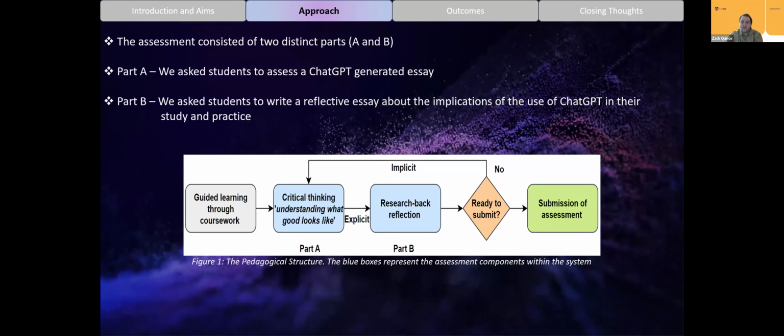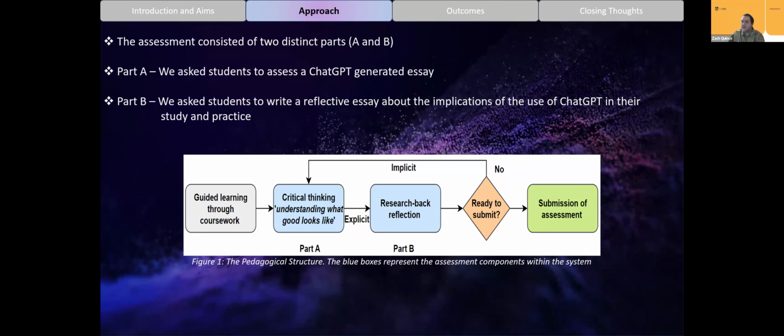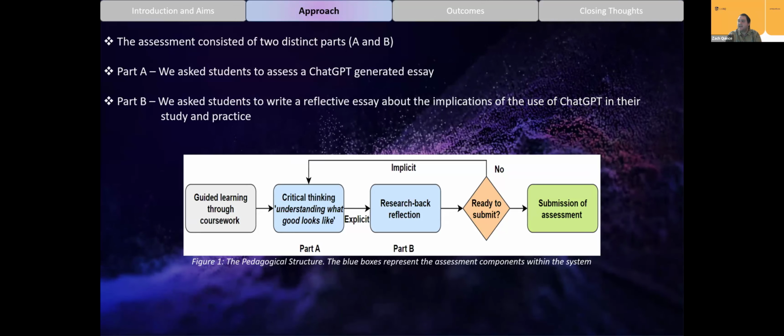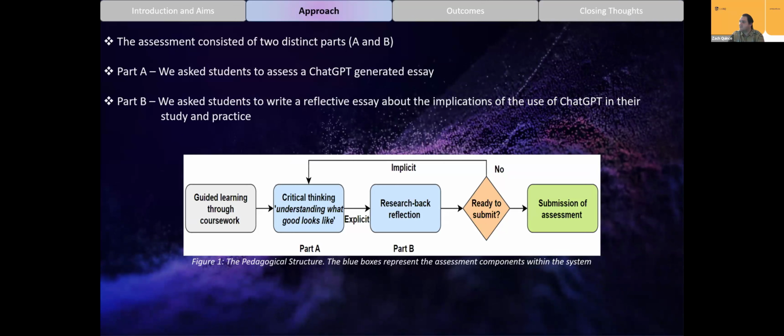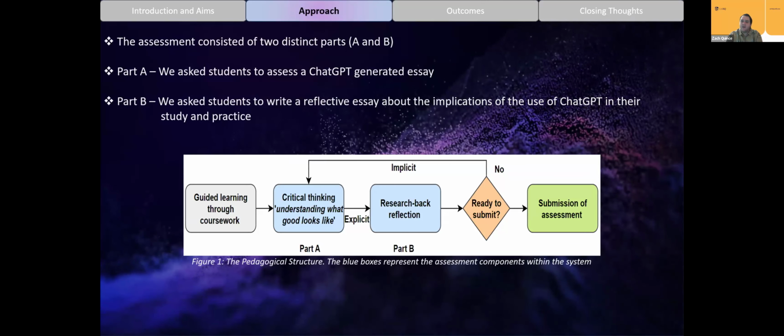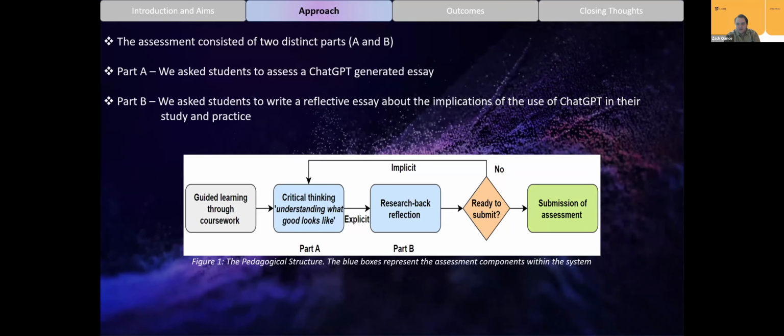And in part B, we asked students to write a reflective essay about the implications of the use of ChatGPT in both their study and in their engineering practice, whether they are currently practicing or whether it's their future. We asked them to write a reflection on that.